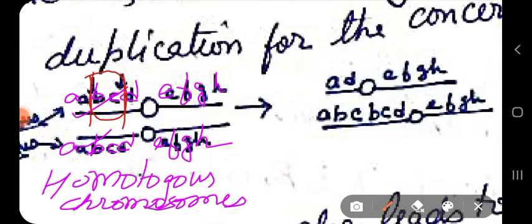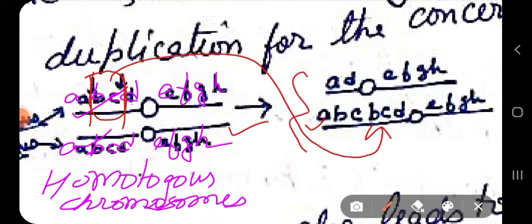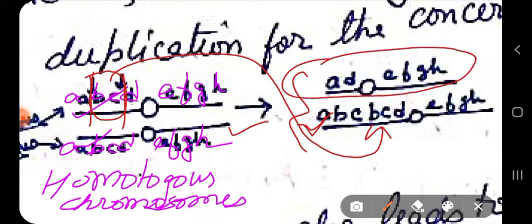So you can see the BC has been reunited here with another homologous chromosome, the one in the bottom part. Both are a homologous pair of chromosomes, so it is reuniting with its homologous pair. As a result, one of the homologous pair of chromosomes will have a deletion, while the other chromosome from that same homologous pair will have a duplication for that concerned gene segment.